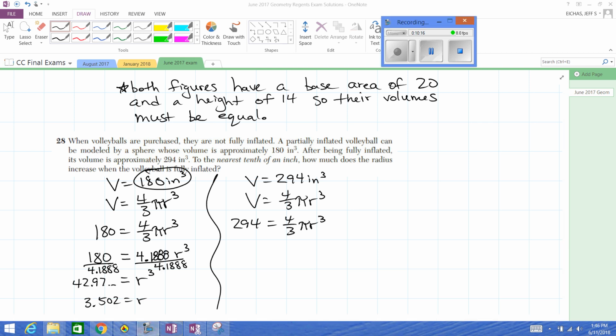Okay, so I just did some calculator work here. What I first did was multiply 4/3 times pi to get 4.1888. Now I want to divide both sides by that number. You get 42.97 on the left, and those eliminate so that r cubed is on the right. Now this is where it gets a little bit tricky.